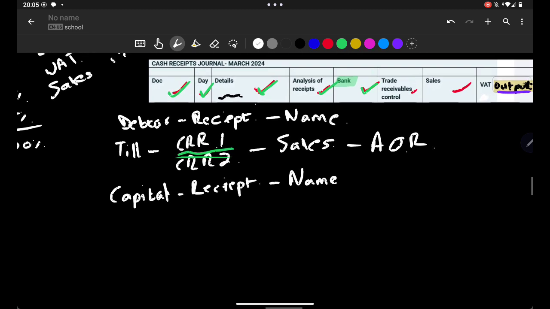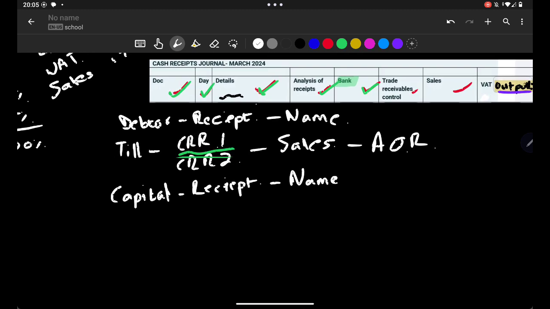So as I was saying, bank will then be always and forever the VAT inclusive amount. So if they say that J something paid 200 rand to you, you're going to record the full 200 rand in your bank account, right? So this is VAT inclusive.